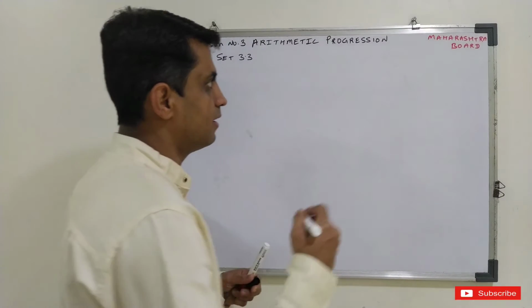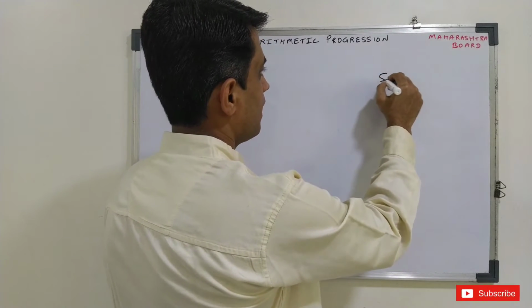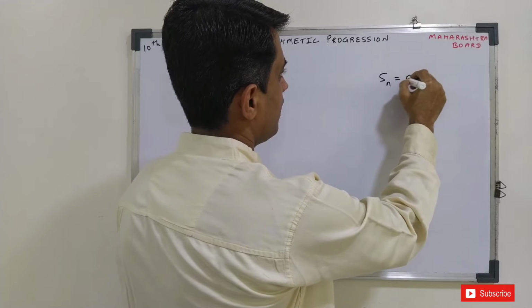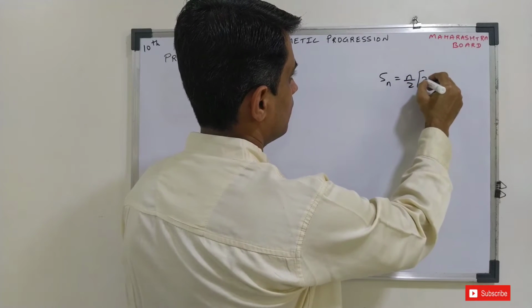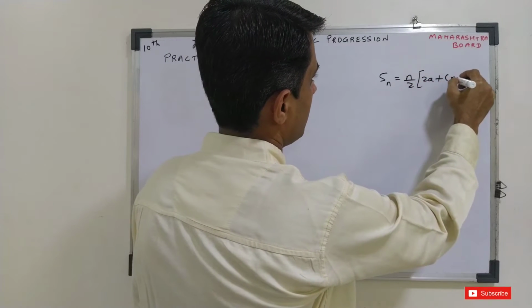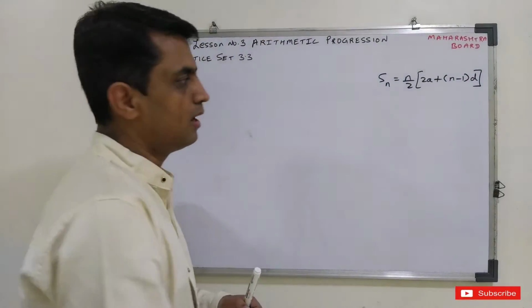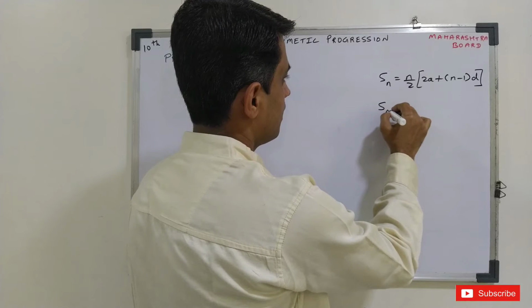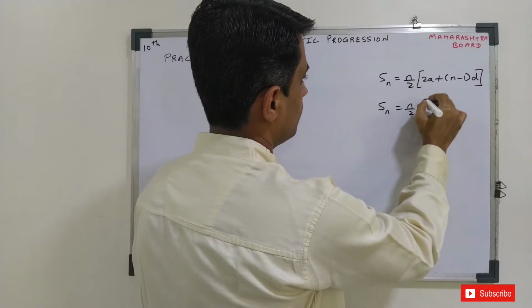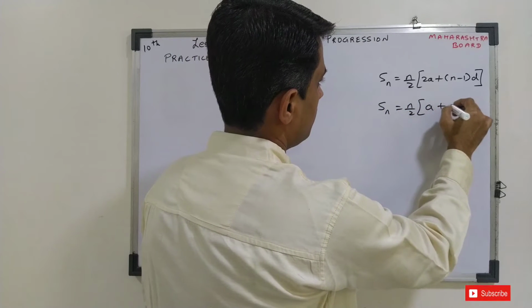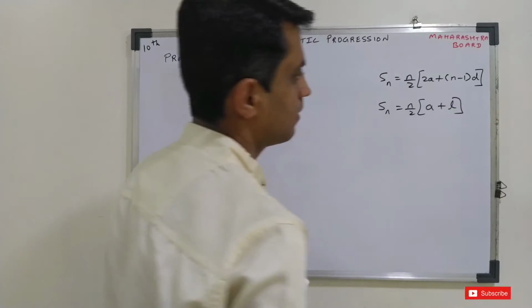Now the formula here is Sn is equal to n upon 2, 2a plus (n minus 1) into d. One is this formula, other is Sn is equal to n upon 2, (first term plus last term).